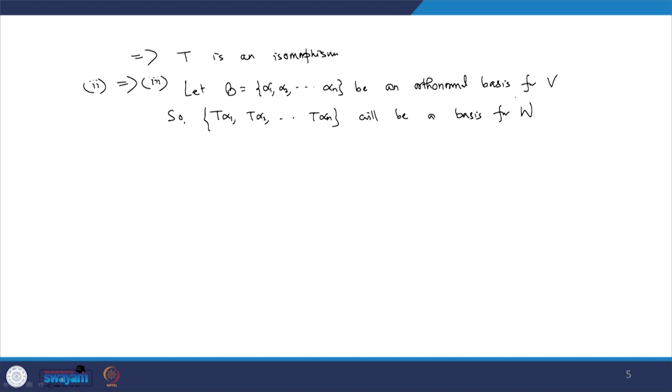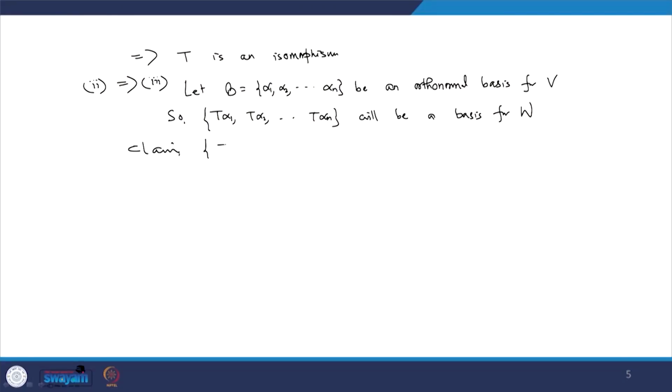But my claim is that this T alpha 1, T alpha 2, up to T alpha n is an orthonormal basis for W.